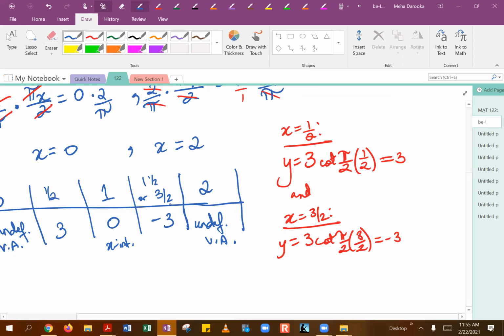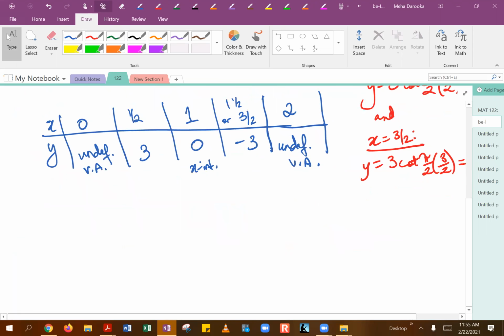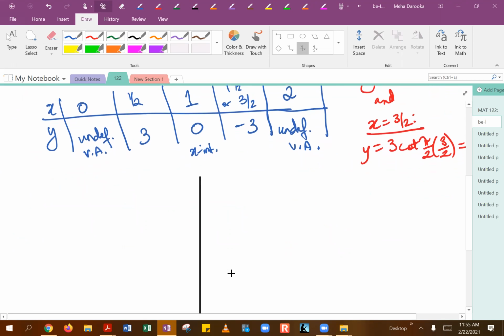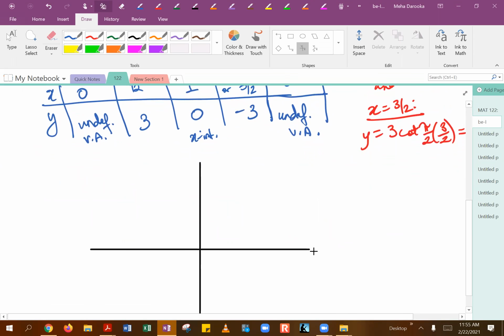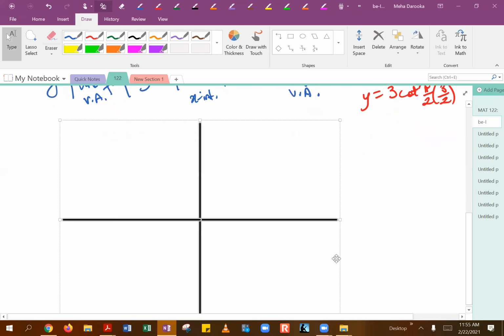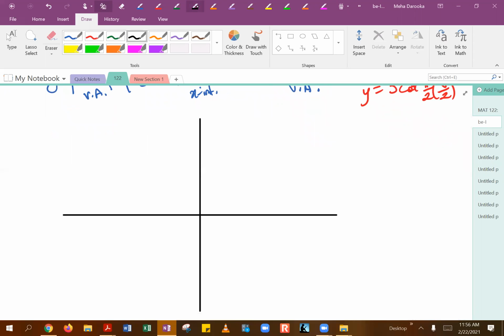Alrighty, so once you have these 5 key points, then we can do our graph over here. So let's again start with our grid. We are going from 0, 1/2, 1, 1.5, and 2.